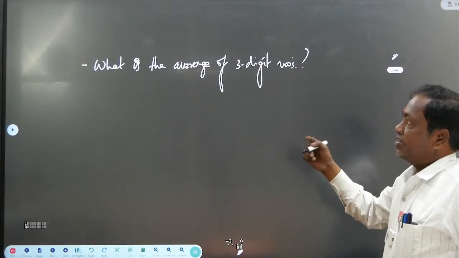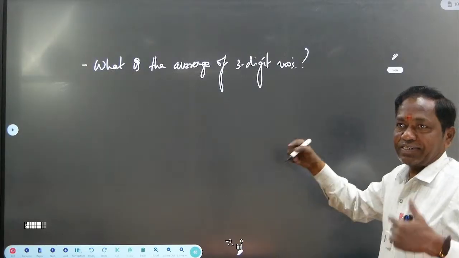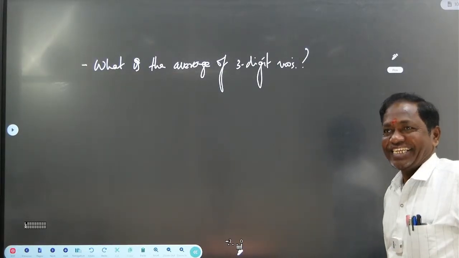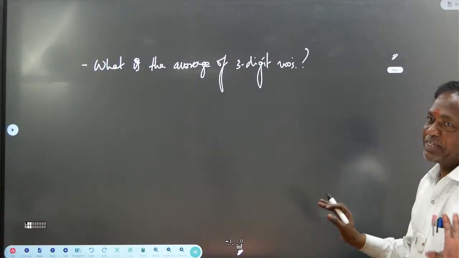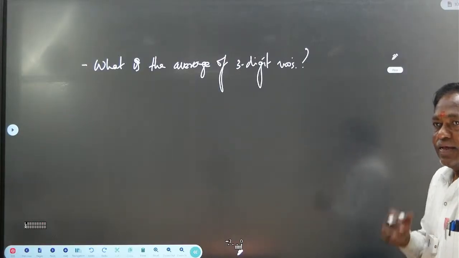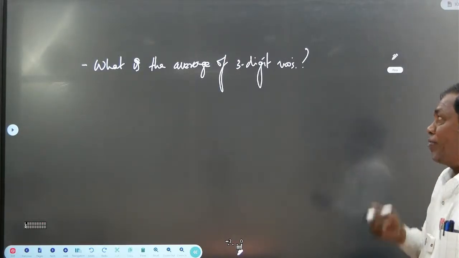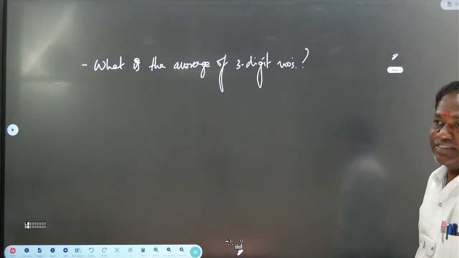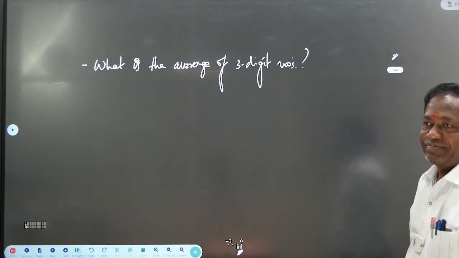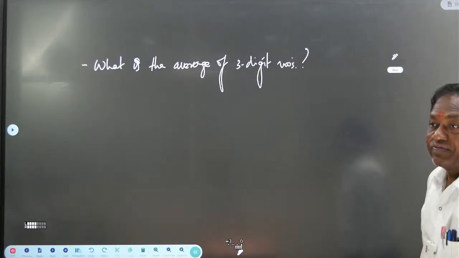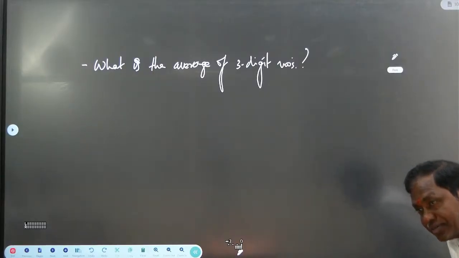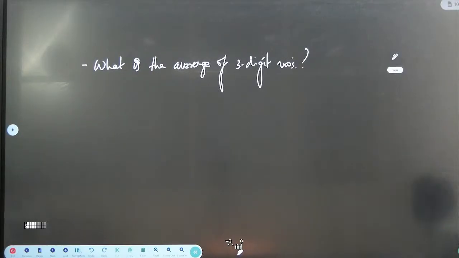Next. See, whatever questions we see, these are CSAT patterns now. So far, very basic. What is the average of 3-digit numbers? Every concept is being interconnected, interrelated.